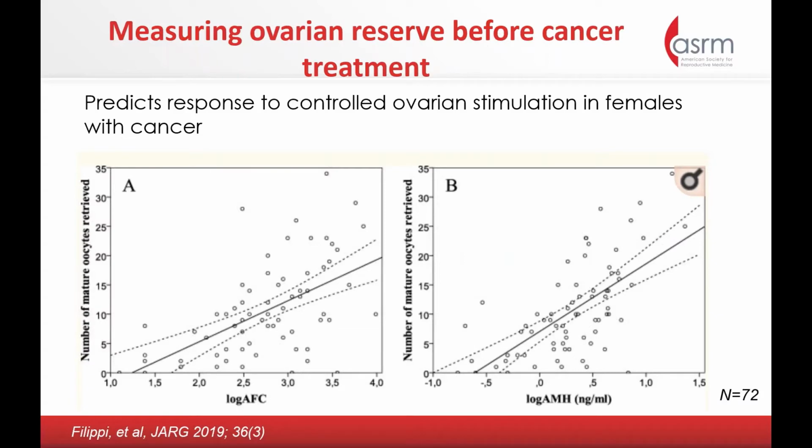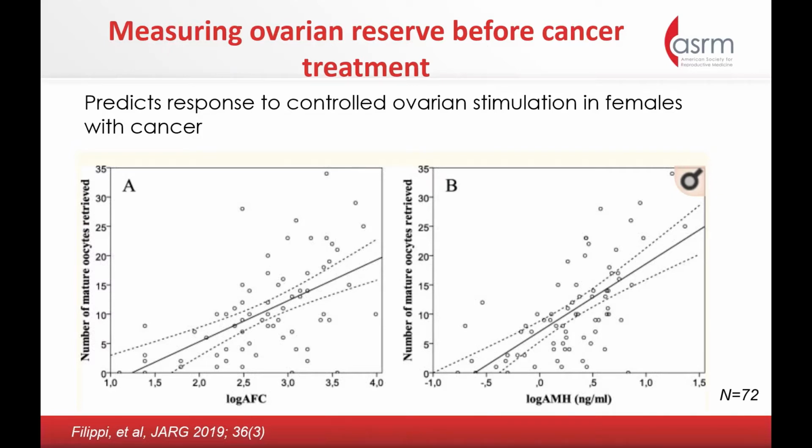So at diagnosis, I think that there are 2 reasons why ORT helps us. This is a study, actually one of a few, where specifically the antral follicle count and the AMH, as you see on the y-axis below, are related to the oocyte yield after controlled ovarian stimulation in females who are newly diagnosed with cancer.